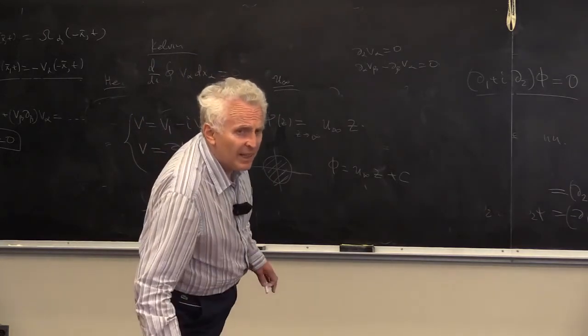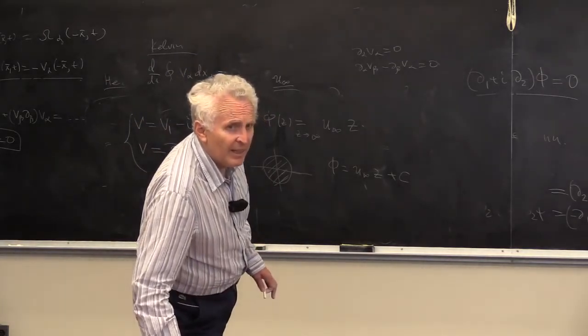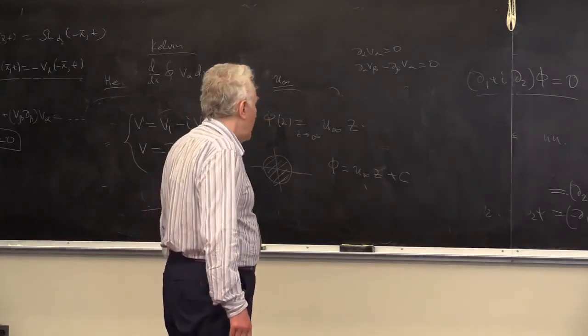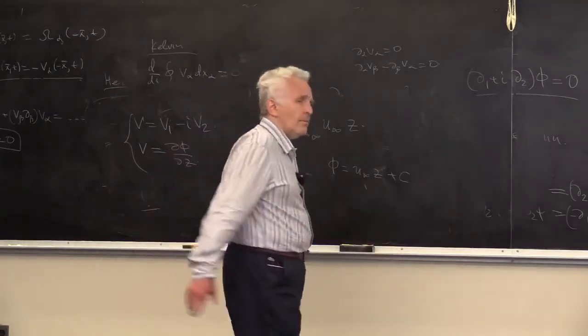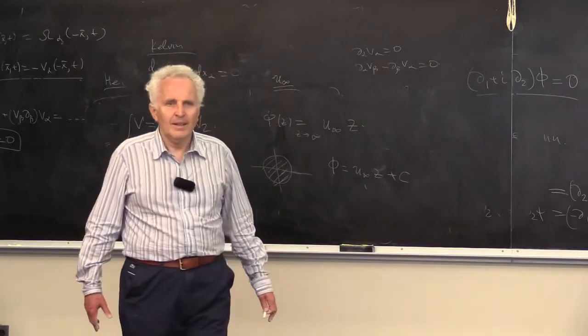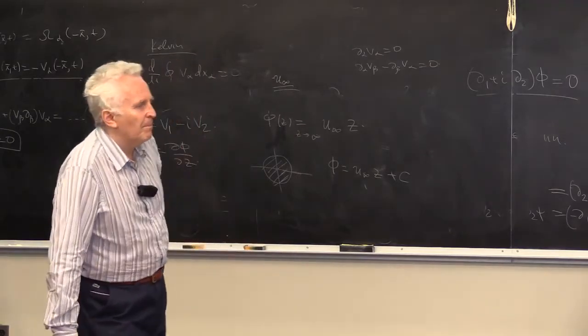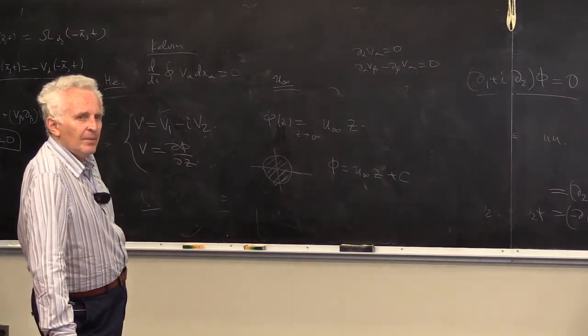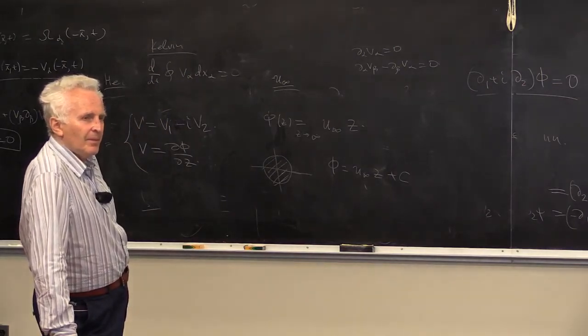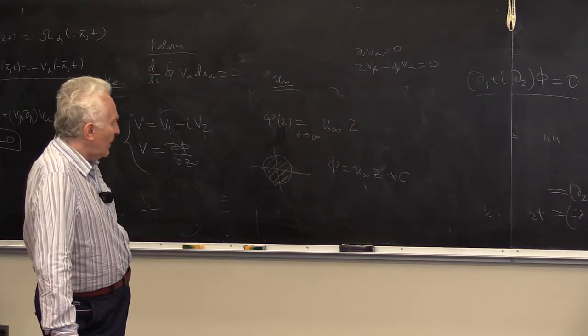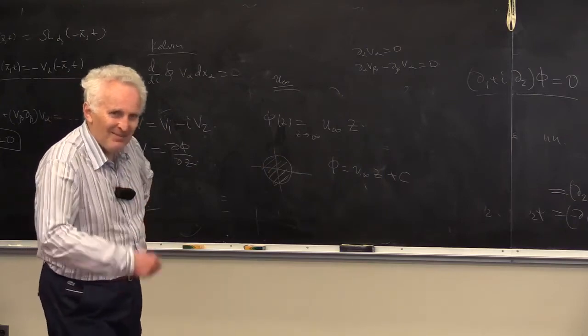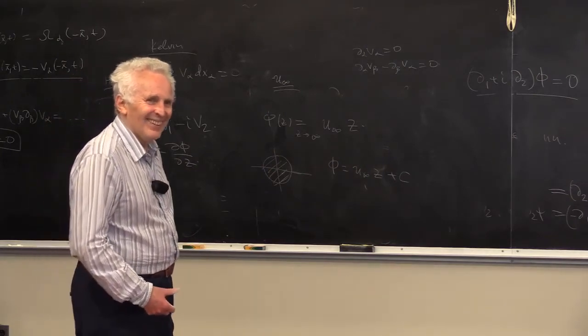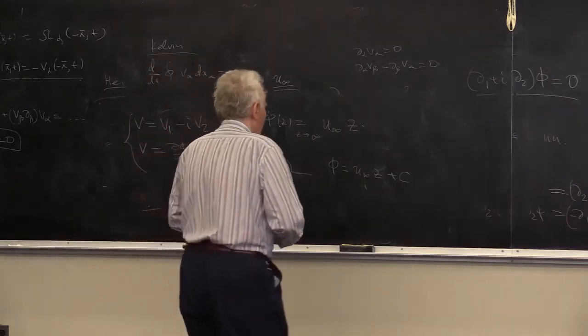Or I guess analytic functions can't go to 0 at infinity. Yes, but give me some example. Anything that will grow much slower than the linear term. For example, 1 over z. Good.